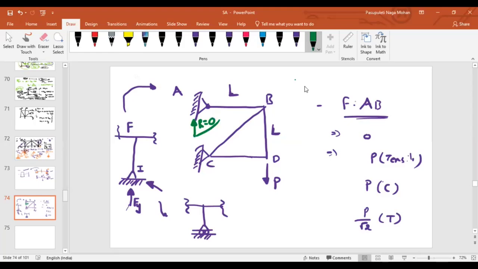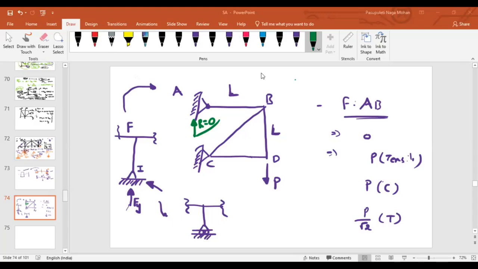Sir, only one member is joining at A. Because of considering only one member joining at A, the force along Y direction is 0, sir?